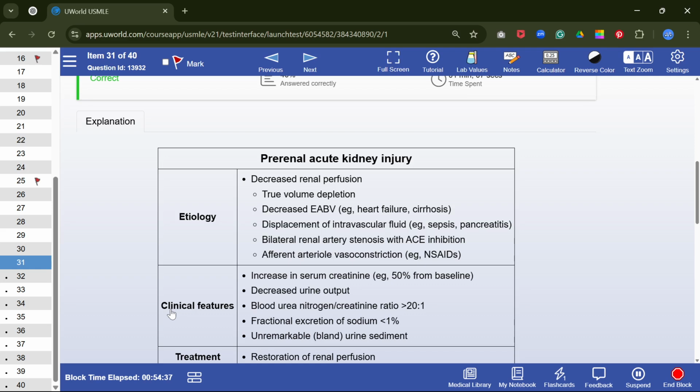Low oncotic pressure is for liver, it's not heart. Low oncotic or osmotic pressure is for cirrhosis. It is also pre-renal AKI, but it is not related to heart. Think about something related to heart.